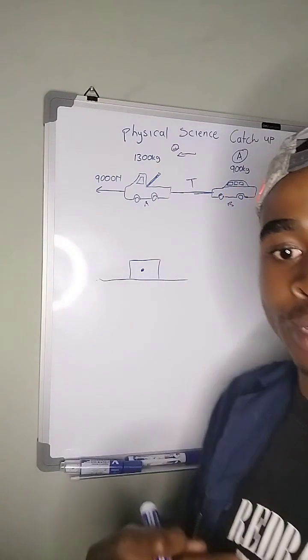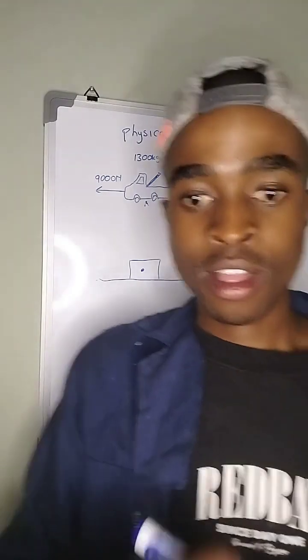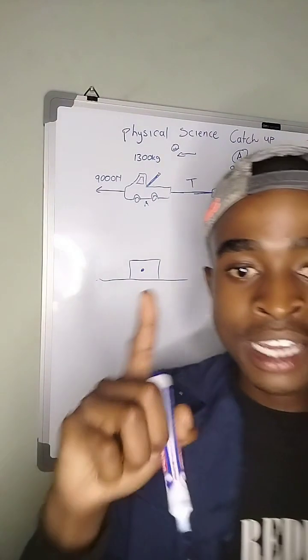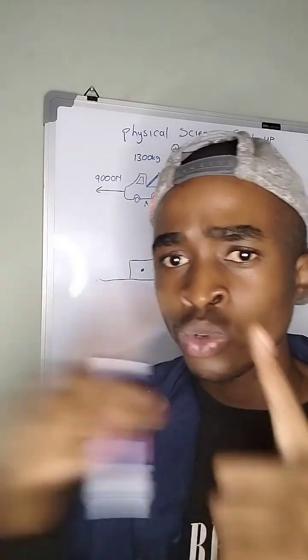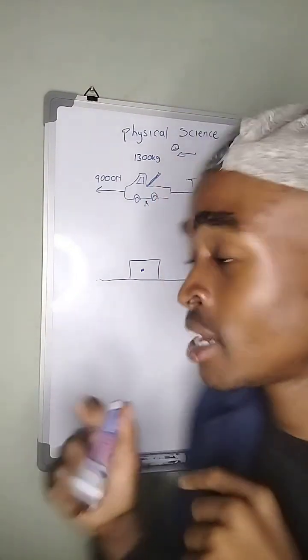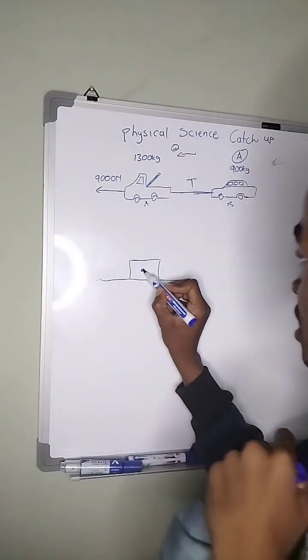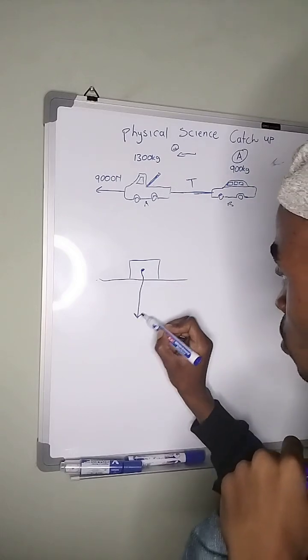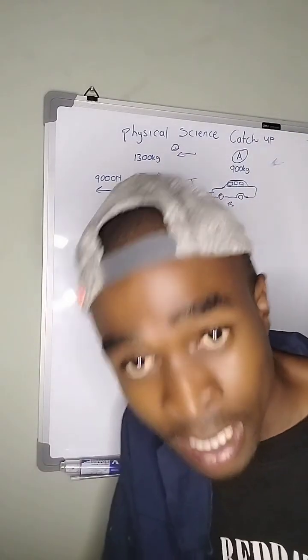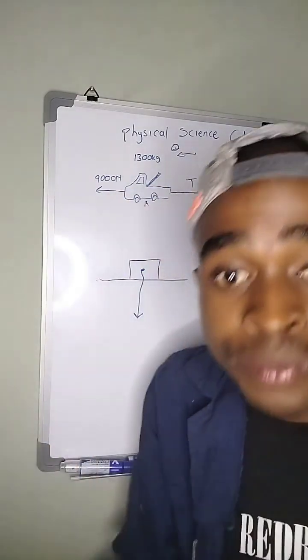It acts from the center, going down, because the force is exerted between the centers of two objects. So this force of gravity acts from the center to the center of the globe.